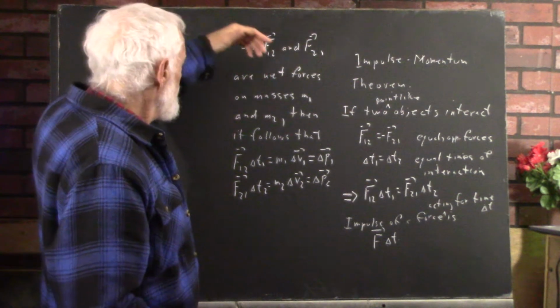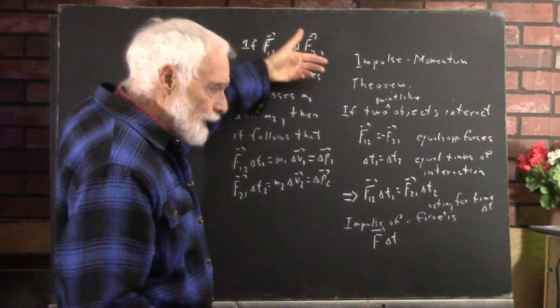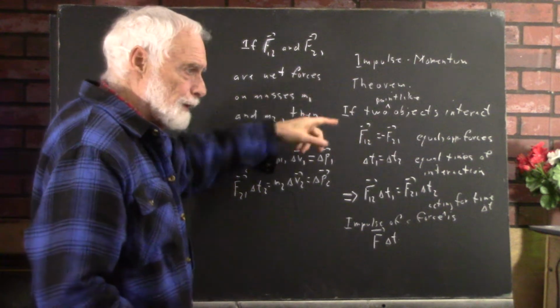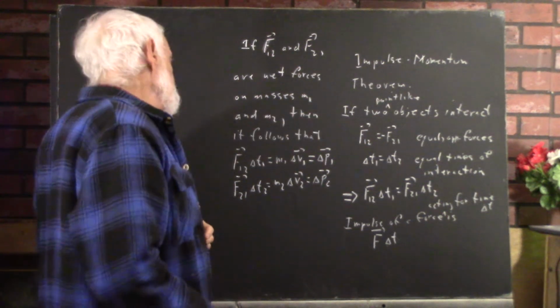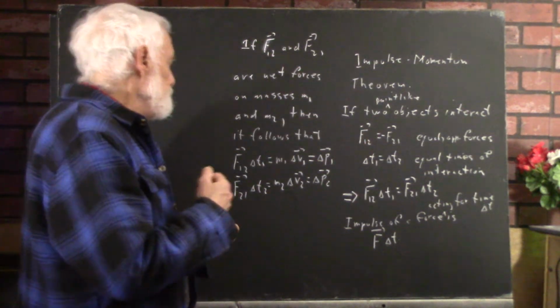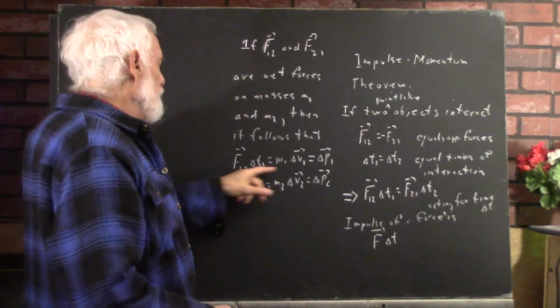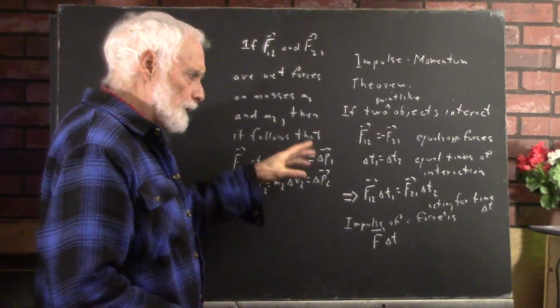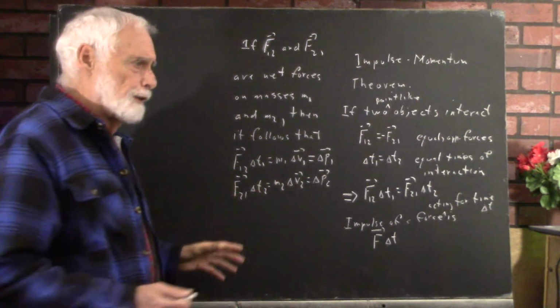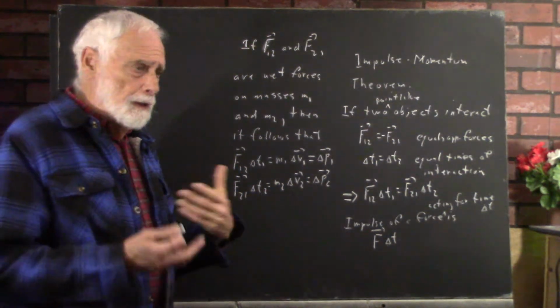F12 is equal to m1a, mass 1 times acceleration. So that it follows almost immediately that you get the m1 delta v. I'm not going to do the details of that. It's very easy to write out, very easy to understand.